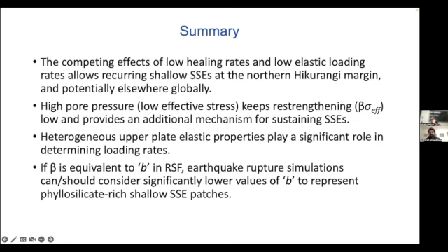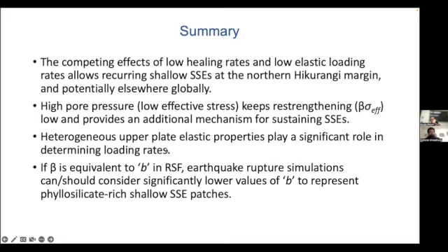So this kind of framework could be applicable somewhat more broadly as well. The other interesting thing is that high pore pressure or low effective stress keeps the restrengthening quantity, the beta times effective stress, low. And this provides an additional mechanism by which low effective stress could help sustain slow slip events.